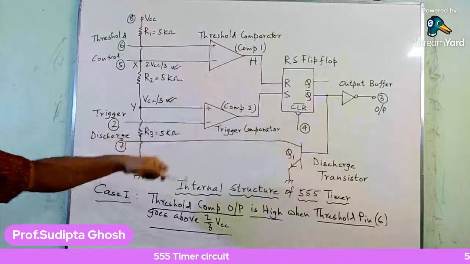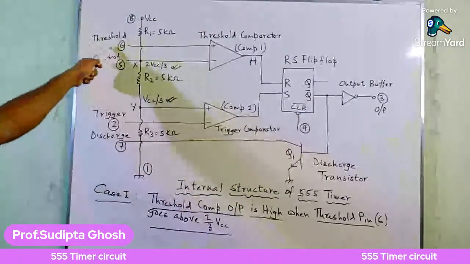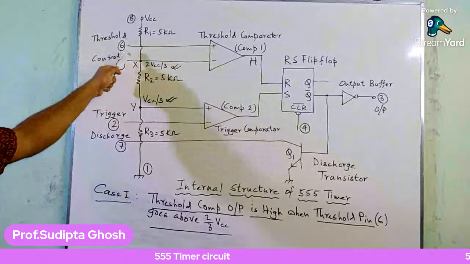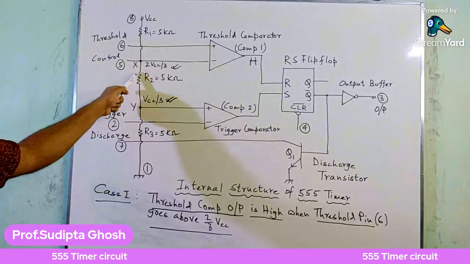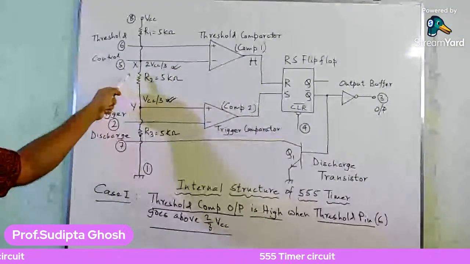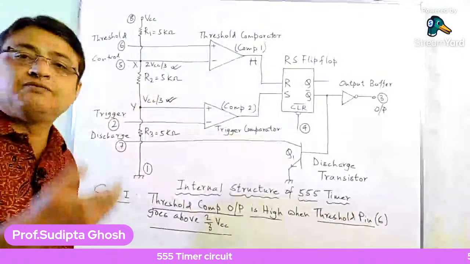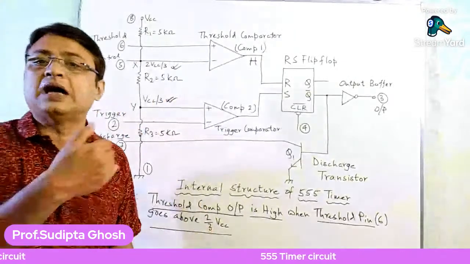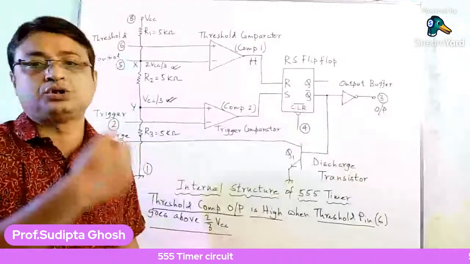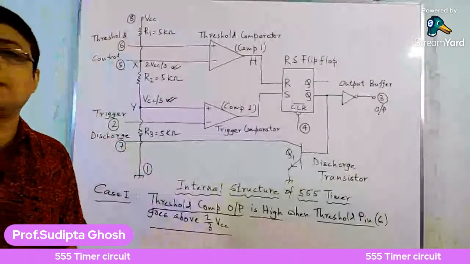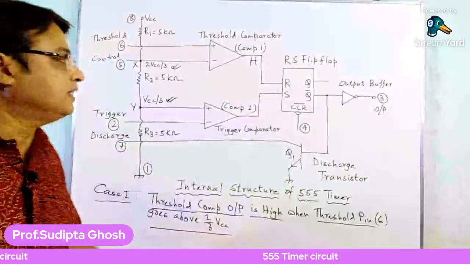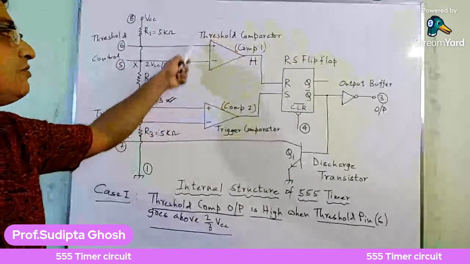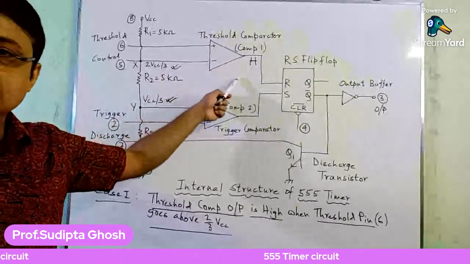So as the threshold pin, that is pin number 6, or the non-inverting input, goes above the value of 2/3 VCC, what will happen? I've just told you that for any comparator, if the non-inverting input value is greater than the inverting input voltage, then the output of the comparator will always be high. So that is why the output of this threshold comparator goes high. Is it okay?